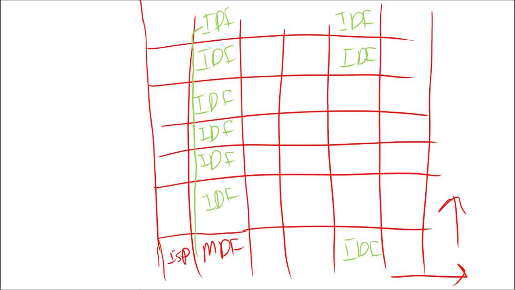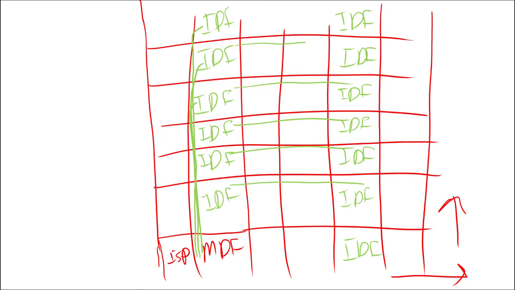and we connect our IDFs to our MDF, and then we may connect one IDF to the other. We call this our backbone distribution.